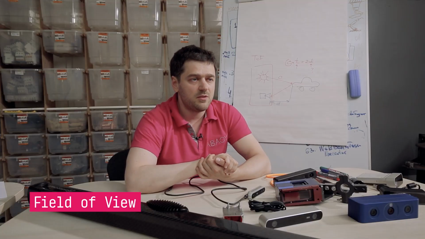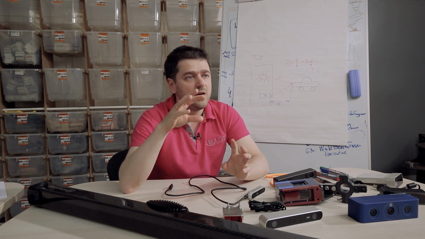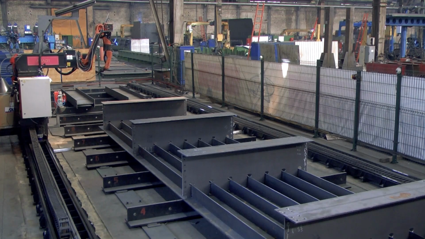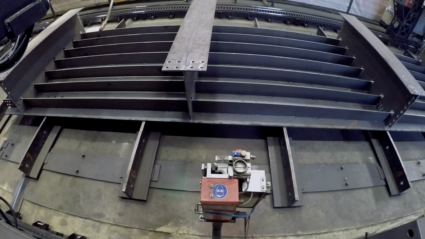The next thing is also connected with the form factor and accuracy, and it's the field of view. The field of view must be chosen depending on your specific task. For example, sometimes there is no ability to mount the scanner on the robotic arm, and that's why you have to mount it stationary. In this case, you can probably use a larger scanner with a larger field of view.